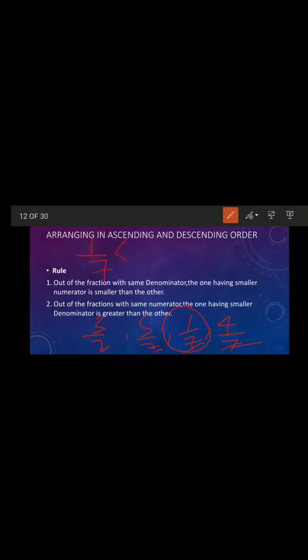Then what will come? 3 upon 7. After that, 4 upon 7. And then 5 upon 7. So we will arrange the given fraction in the ascending order in the following manner. Out of the fraction, 1 upon 7 had smaller numerator, so it will be the smaller fraction.